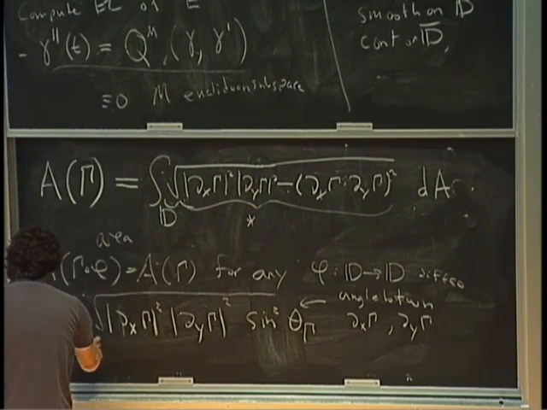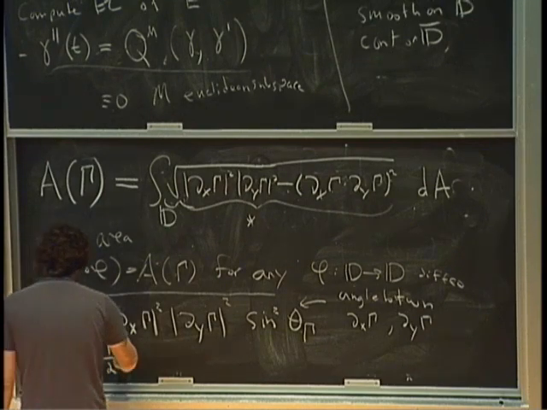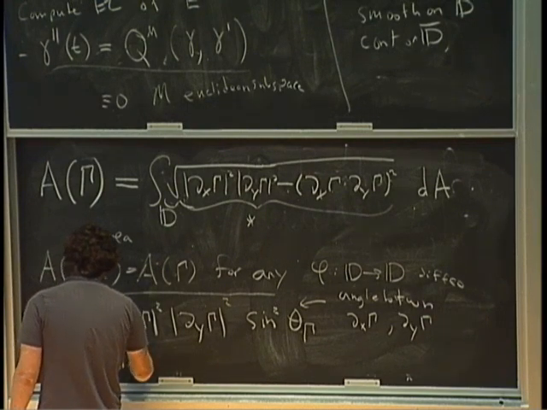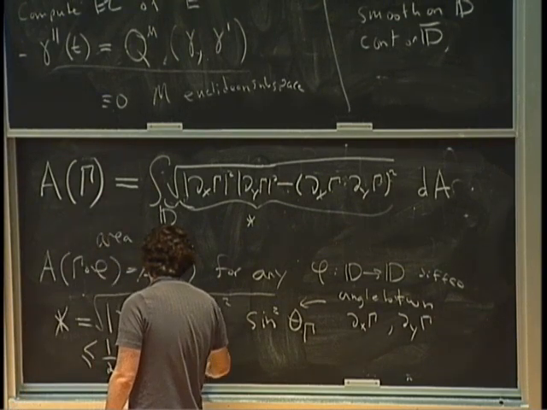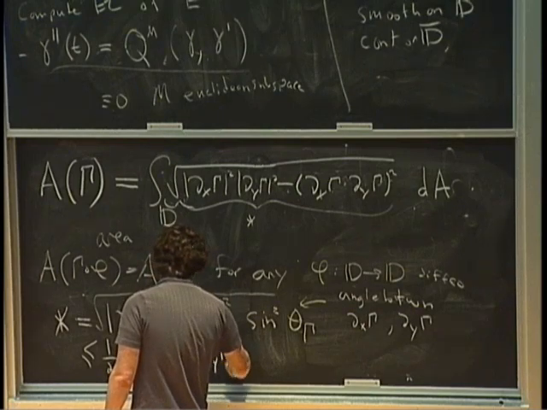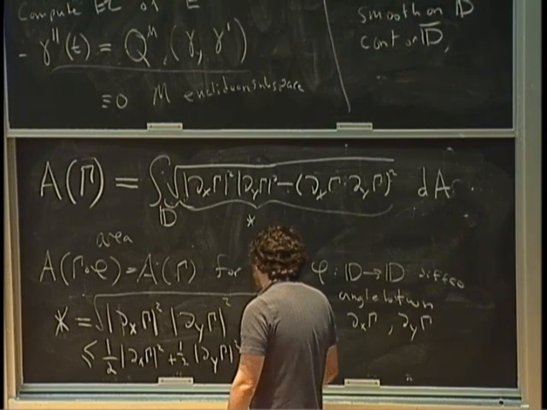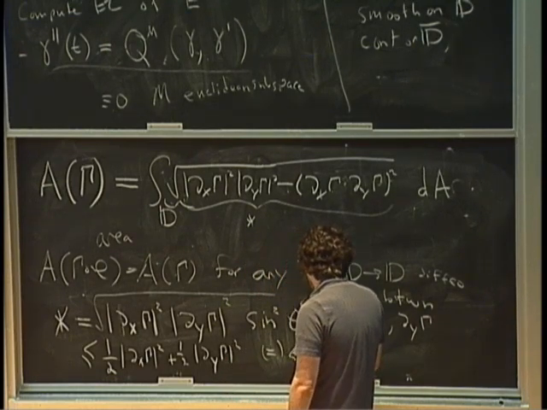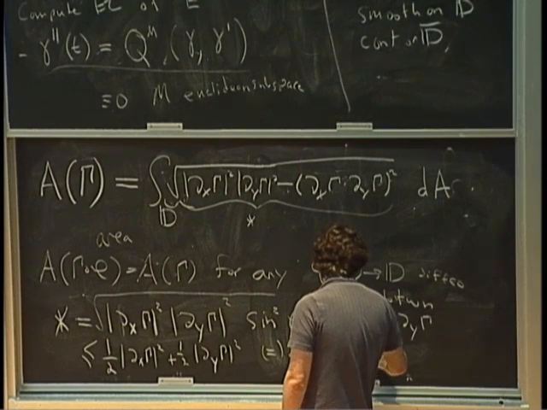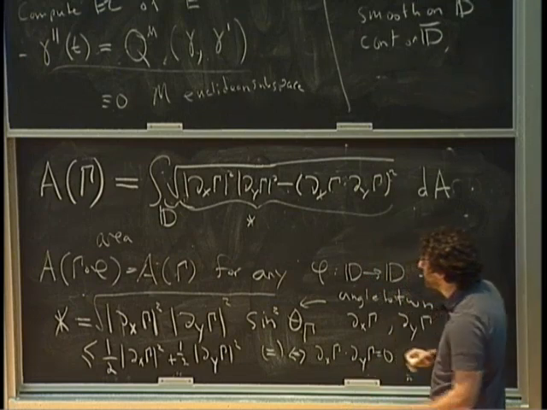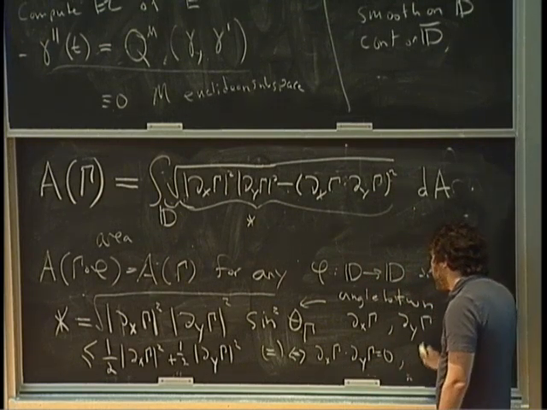So by using elementary identities, this is less than or equal to 1/2 del x gamma squared plus del y gamma squared. You have equality if and only if del x gamma dot del y gamma is equal to 0, and the length is the same.